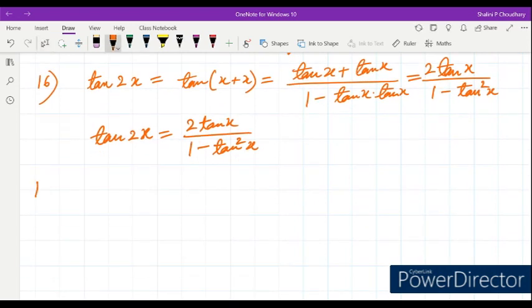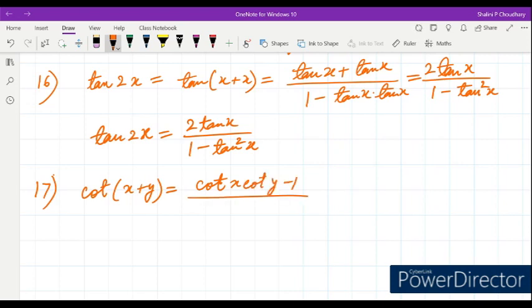Okay, now next, now we'll see about cot. Cot x plus y is equal to cot x cot y minus 1 divided by cot y plus cot x.